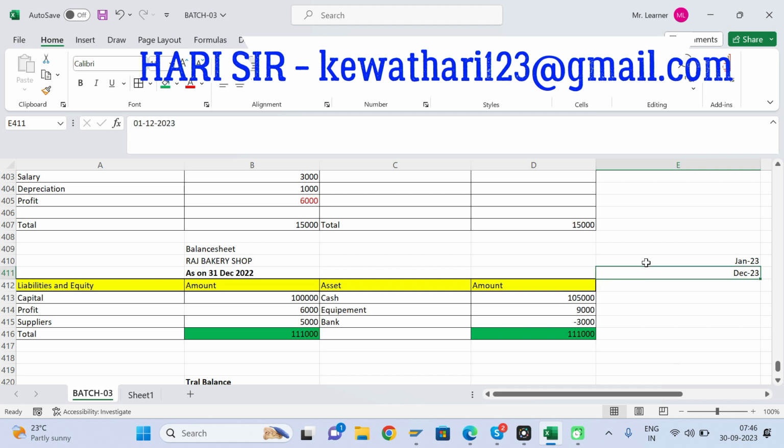Whatever expense, income, transaction happened between January to December, you'll prepare in SAP. But if you are not considering the value till 2022 in the balance sheet of December 2023, then that is incomplete, because balance sheet will always have the value till 2023.